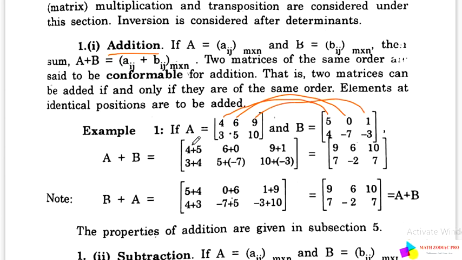The same for the second row: 3 plus 4, 5 minus 7, and 10 minus 3.